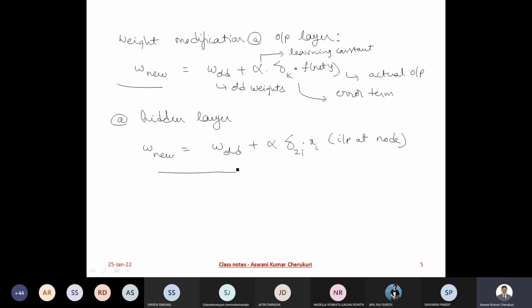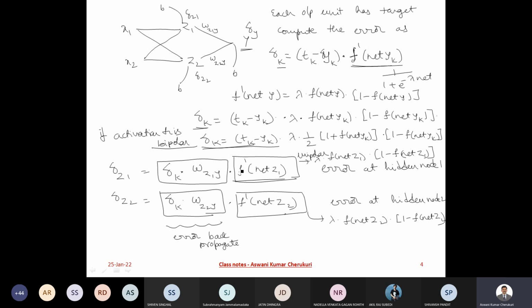If you notice, this is the learning constant. These are the error terms at the hidden units. In the previous diagram we have two hidden units, so del Z1 and del Z2.